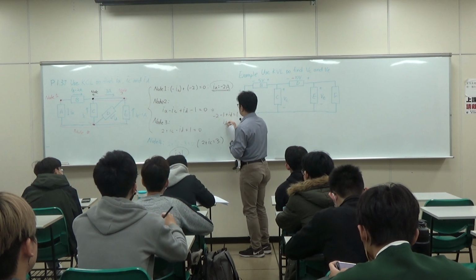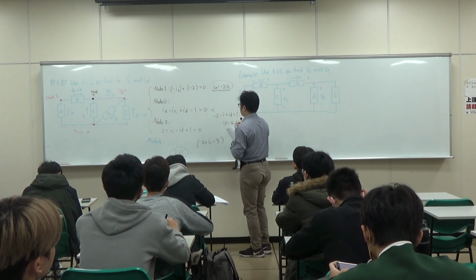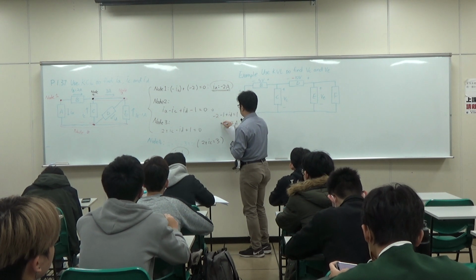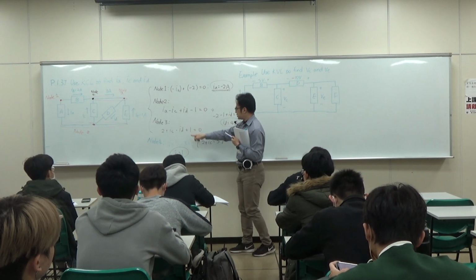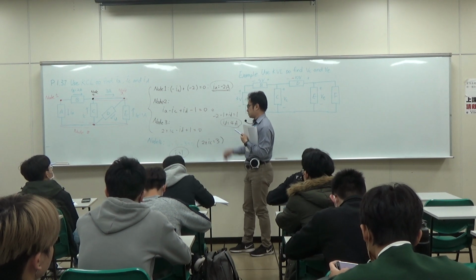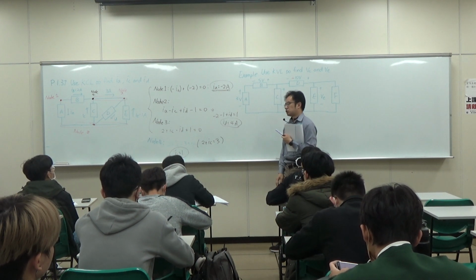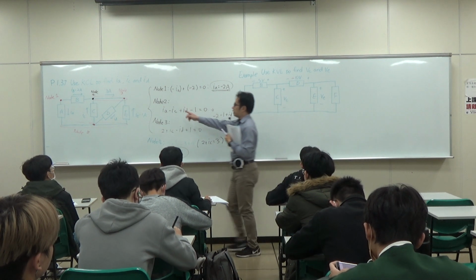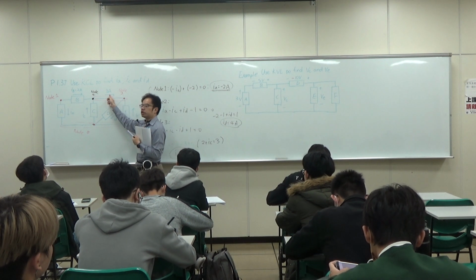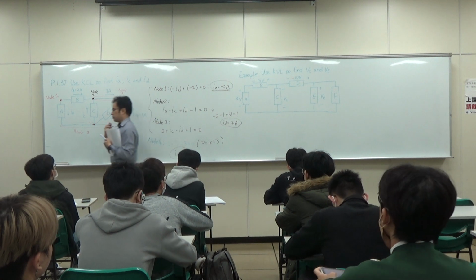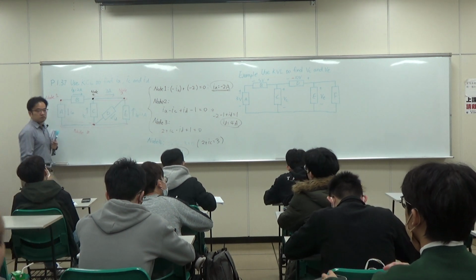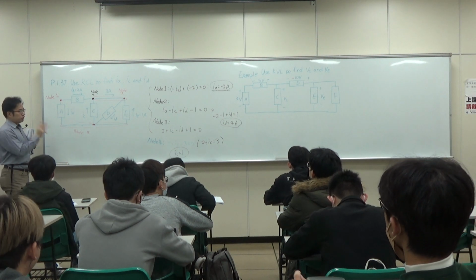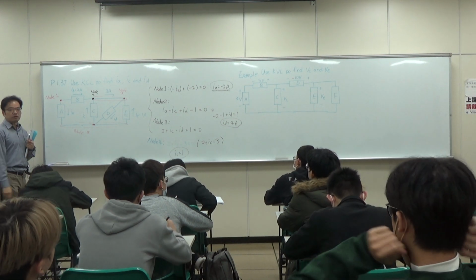So ID equals 4 amp. And we can double check. So we put ID and IC here. So yes, it's correct. Okay, so that's why I say it gives an extra condition. Okay, but even without this, we can still solve it because you have 3 nodes and 3 variables.